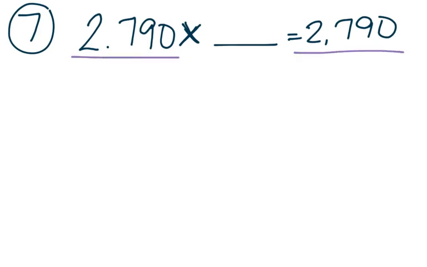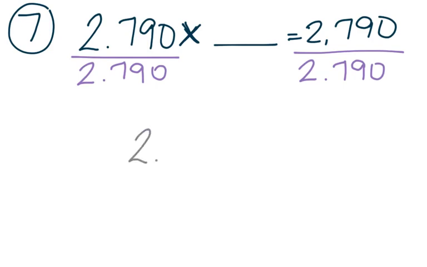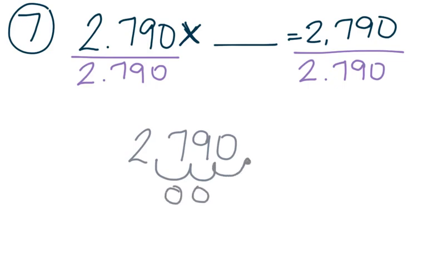And to find that, we can divide by 2.790. So you can work that out, or what you can do is you can write 2.790 down here at the bottom and move your decimal until you get to 2,790. You moved it 3 times, which means we need 3 zeros, and that would be 1,000.